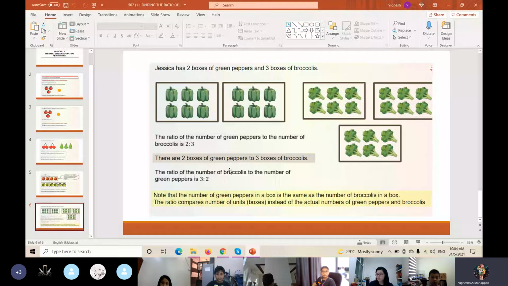Okay, so the ratio of the number of green peppers to the number of broccolis is how many?